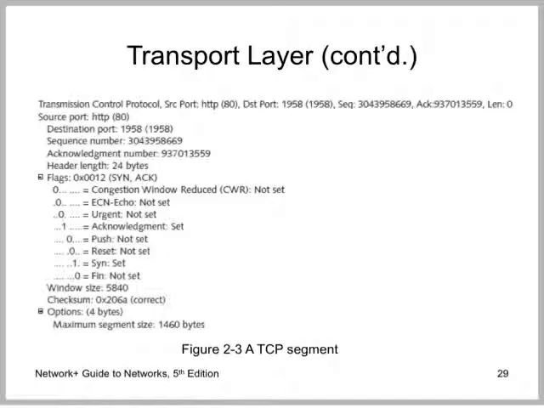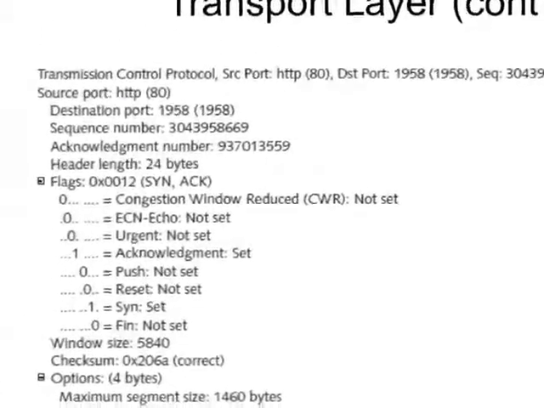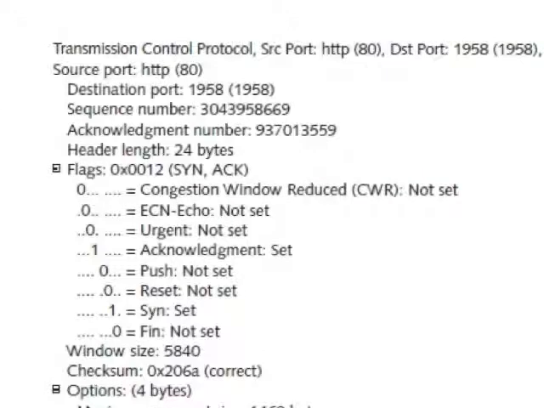This is just a screenshot of a real header file in a data packet. And this header file tells us a couple of things. One thing it tells us is the source port, the destination port, and the sequencing number. Source port for the internet is always going to be 80. Destination port 1958.